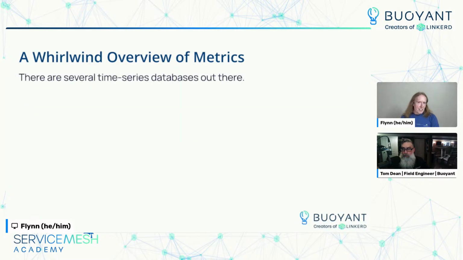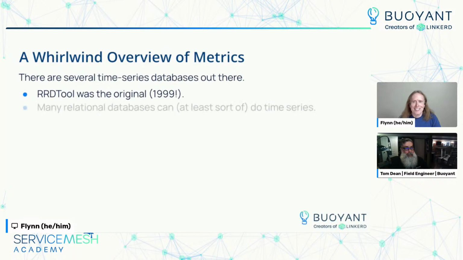There are a bunch of things out there that can do this. RRD tool was the original. I bet you Tom had to use that one like I did. Yeah, at Monster a long time ago. There are a lot of relational databases that claim to be able to do time series stuff, and in fact, there are time series databases built on top of relational databases.